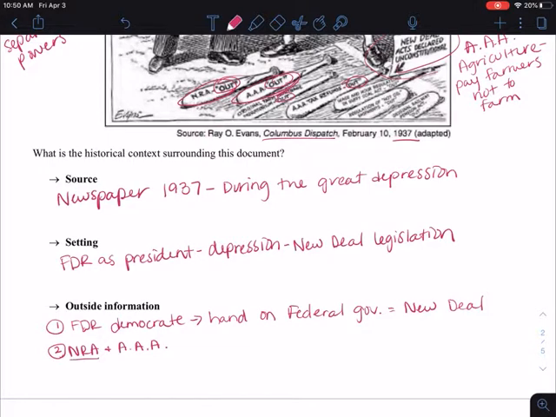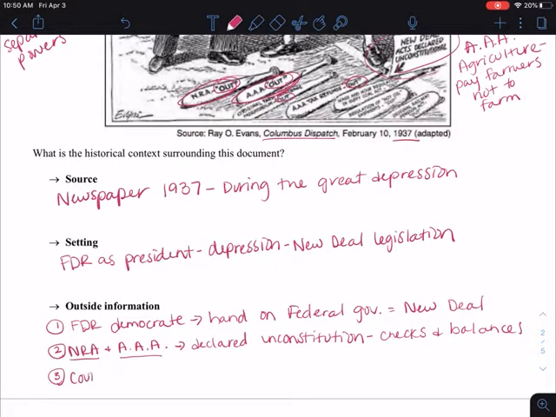Remember, the NRA is the National Recovery Act, and then the AAA is the Agriculture Adjustment Act, and both of these were declared unconstitutional by the Supreme Court, and that's an example of checks and balances, trying to make sure that FDR isn't taking too much power, he isn't going too far, and he's not very happy with that.